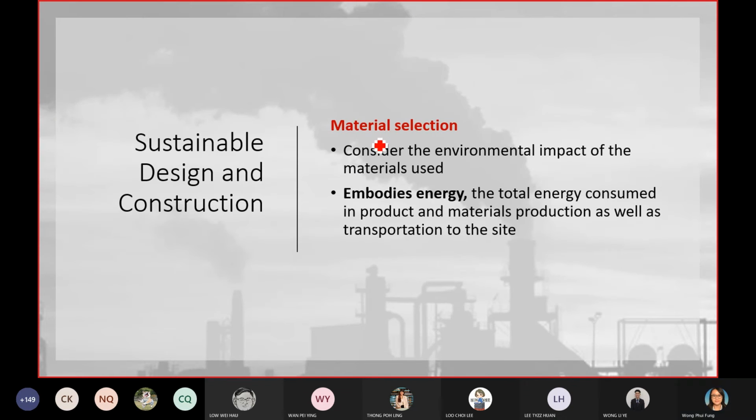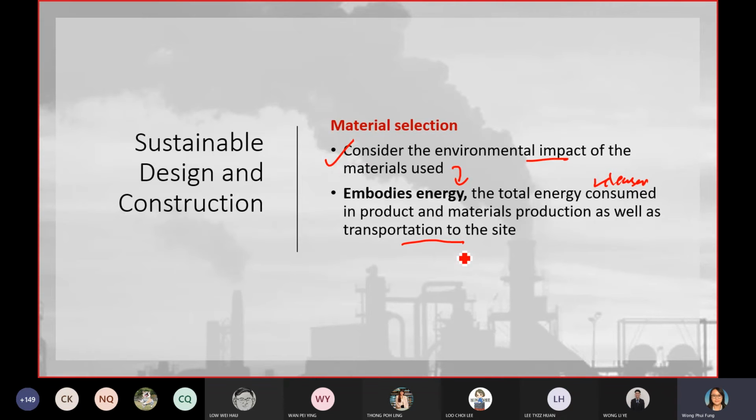And when we select the material, just now I already mentioned that we have to consider the environmental impact of the material used. That is what we call embodied energy. Embodied energy is the energy consumed in a product or material production, as well as transportation to the site.